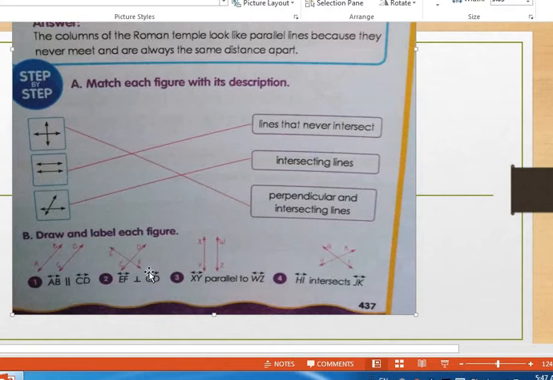Perpendicular means what? I will draw EF and then CD, and the four angles must be perpendicular. Which angle is this one? This angle, this angle, this angle, and this angle. Parallel, as I have mentioned before. Intersects, just intersects, not perpendicular. It will be like this, not a 90 degree angle.